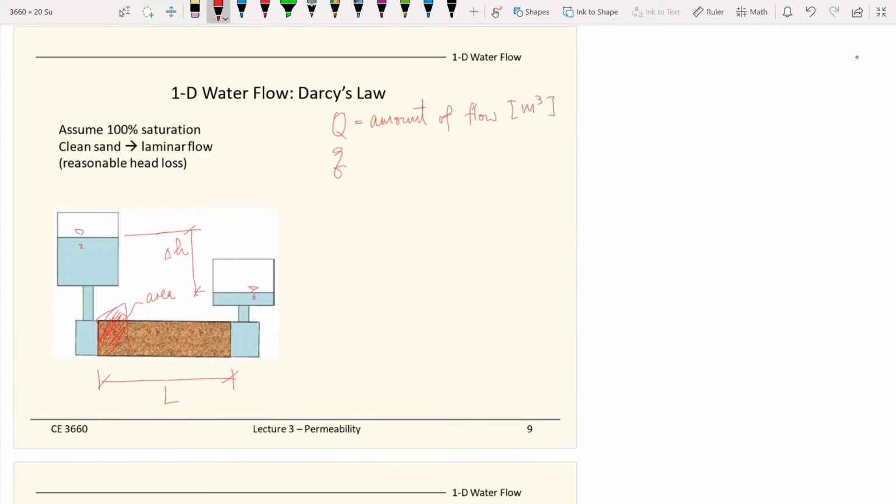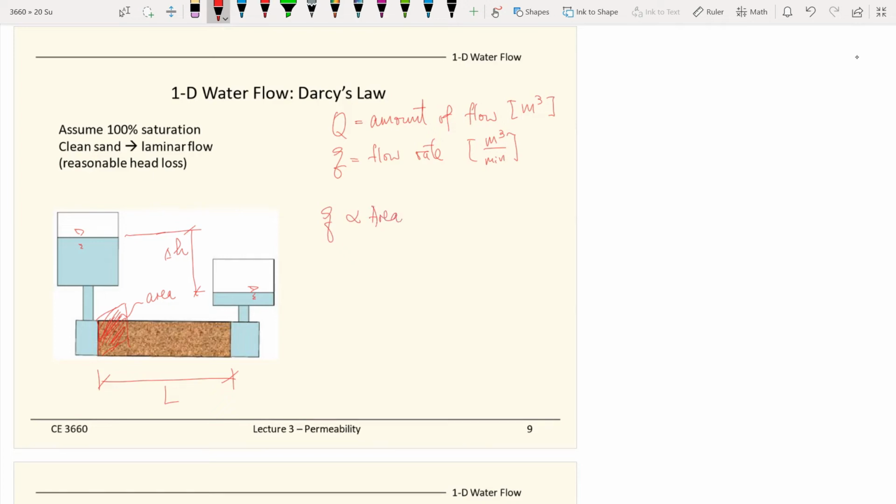When you use a smaller q, we use it to describe the flow rate, which means volume divided by time. So the units will be, for example, meter cube per minute. And according to Darcy's experiments, we realize that the flow rate is proportional to the area.